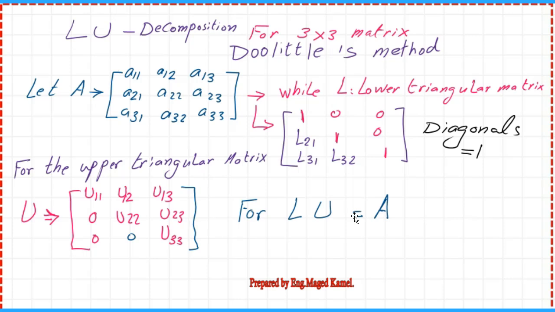How many unknowns do we need to get values for? We have 3 for the lower matrix, while for the upper matrix we have 3 plus 2 plus 1, which is 6. We'll move to the next slide.